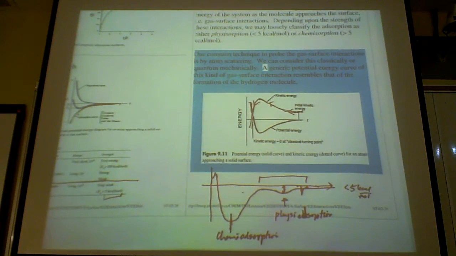Okay. Where chemical adsorption, a good example of chemical adsorption will be classic CO on any metal surface, CO on copper, CO on nickel surfaces. The CO bond is very strong, and there's real electron transfer between the CO molecule and your metal atom.